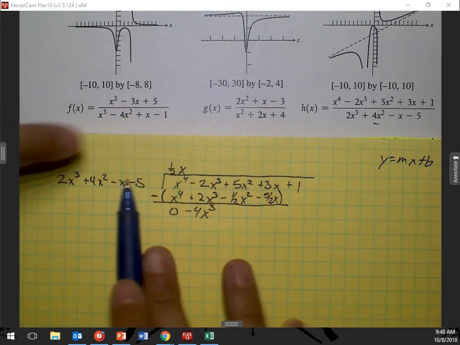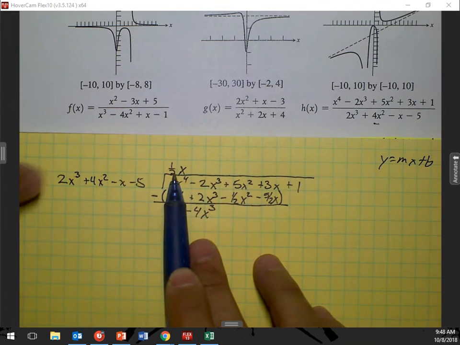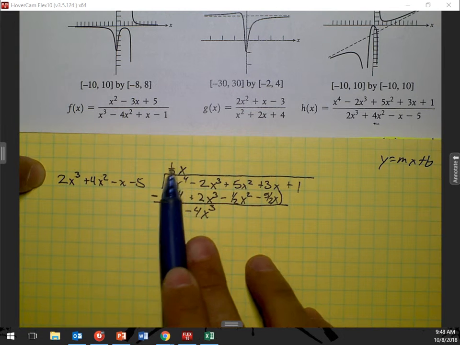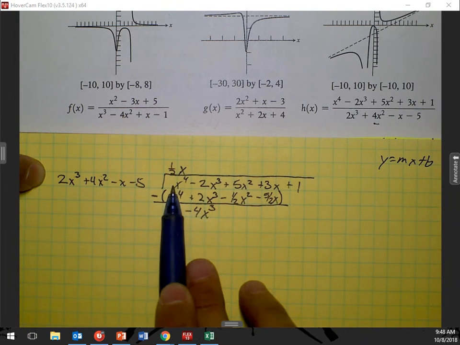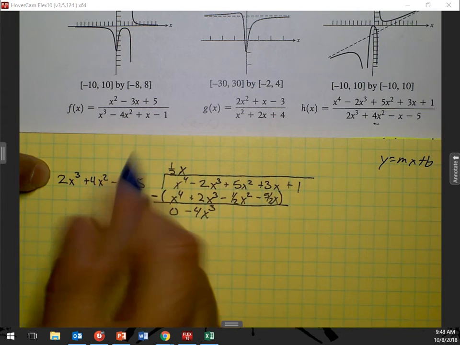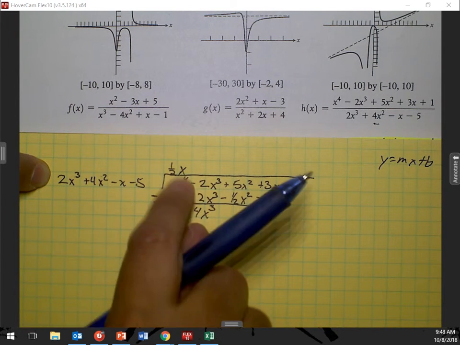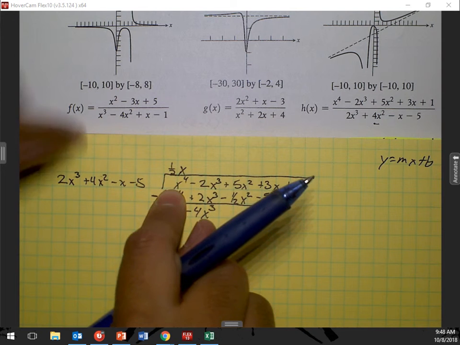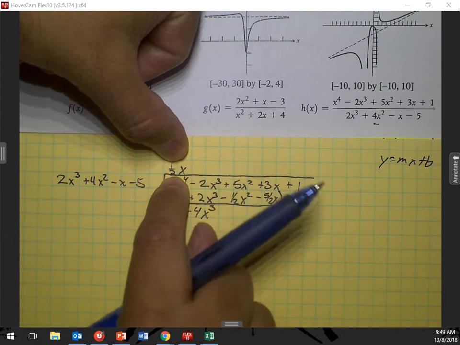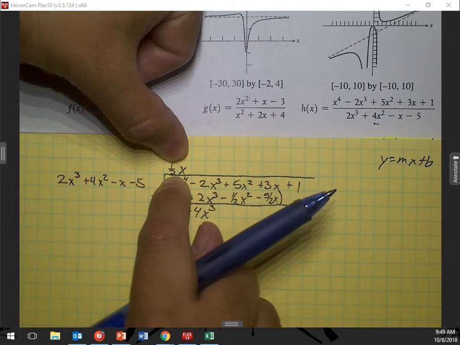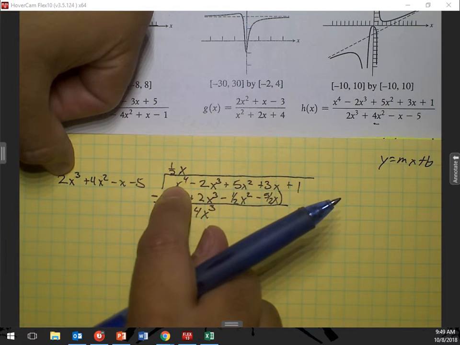Okay, so think of it like this. I need to cancel out 2, right? So I know that I need to get this to equal this. It's like taking this and I have to make it equal 1. So I know it's going to be something times this equals 1.